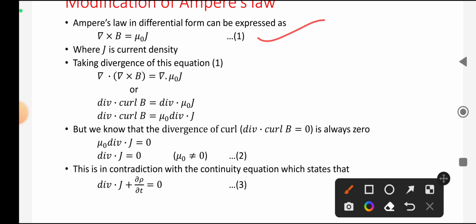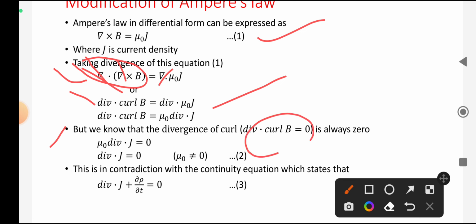taking the divergence of equation 1, divergence only: del dot curl B equals del dot mu naught into J. In terms of words, div dot curl B equals div dot mu naught into J. But we know that the divergence of curl is always 0 according to vector calculus, right?